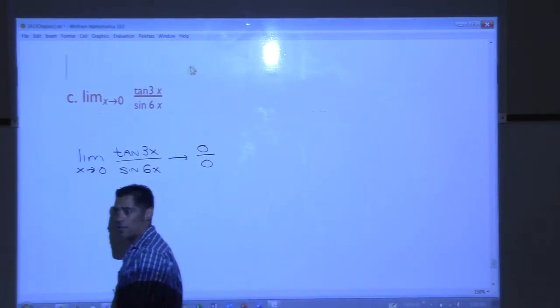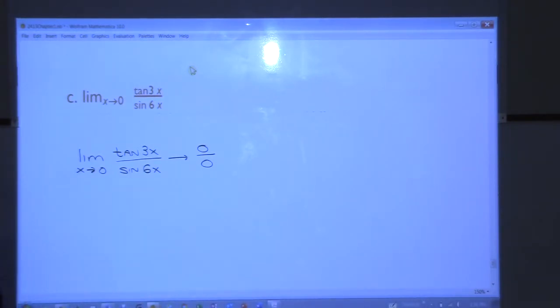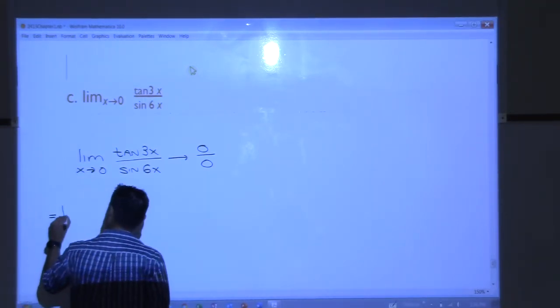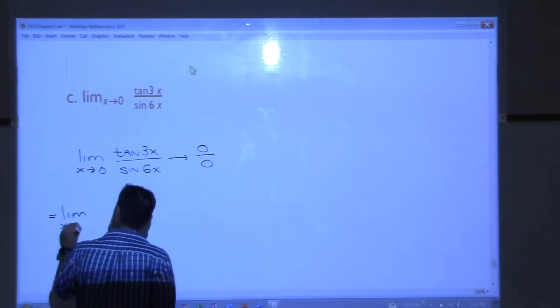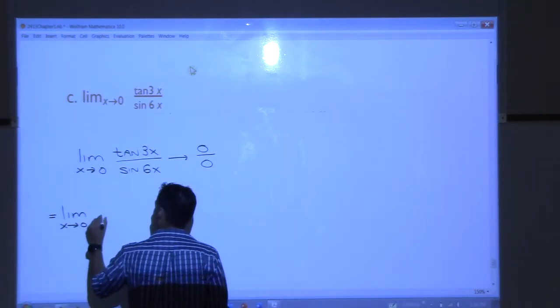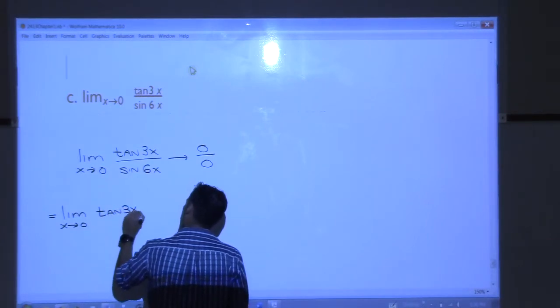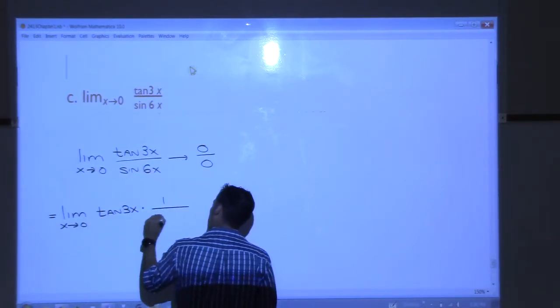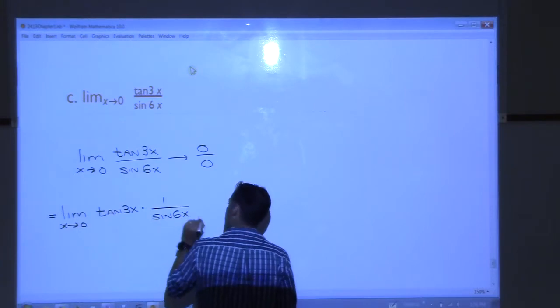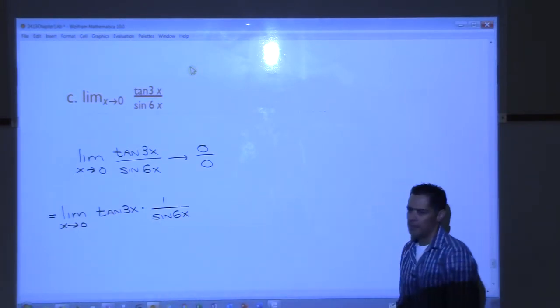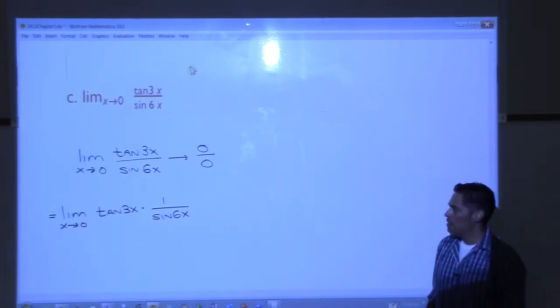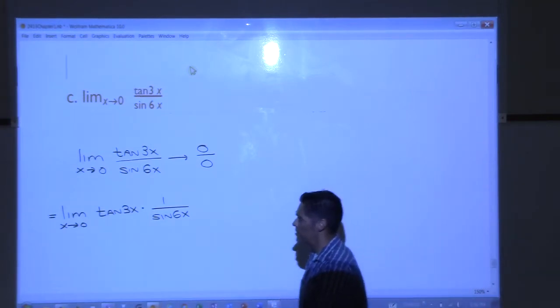Okay, so let's convert the tangent into sine over cosine. That seems to have helped us. I'm going to do this in slower steps here. I'm going to rewrite this as tangent 3x times 1 over sine 6x, right? And now I'll convert my tangent into sine over cosine.